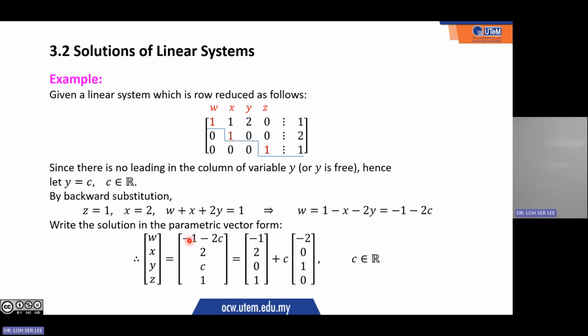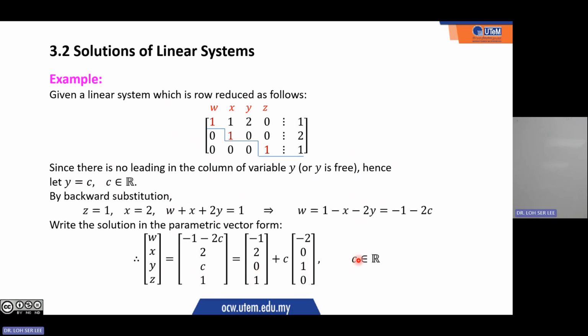So this is -1, and for the coefficient of c, you have -2. For X, this is constant, the value only, so 2, there is no c, so 0 c. For Y, 0 plus 1 times c. And for Z, there's no c, so 0, and here this is 1.